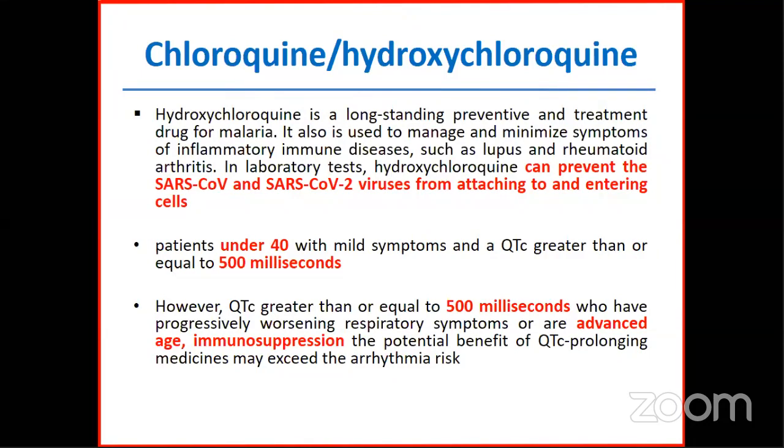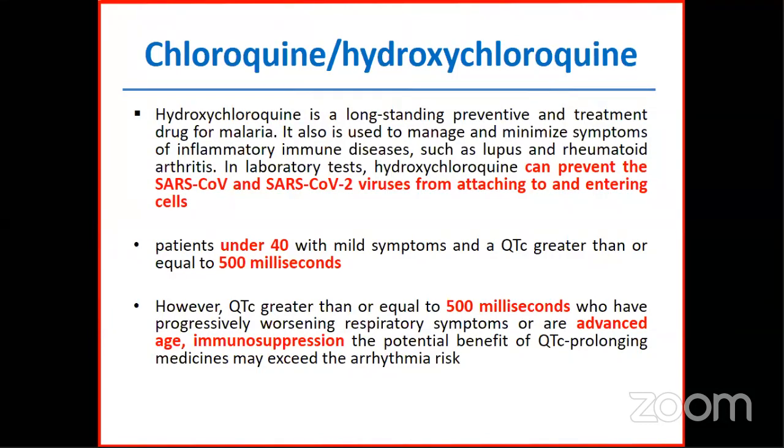But unfortunately, there are some side effects like QT prolongation. So there is a lot of controversy about using hydroxychloroquine and chloroquines in general, and we cannot decide is it really beneficial till now or not. So if there is any major risk, we are avoiding to use hydroxychloroquine or chloroquine. So if you have a young patient, mild symptom or asymptomatic, and with QT prolongation, we are not starting hydroxychloroquine for this patient.